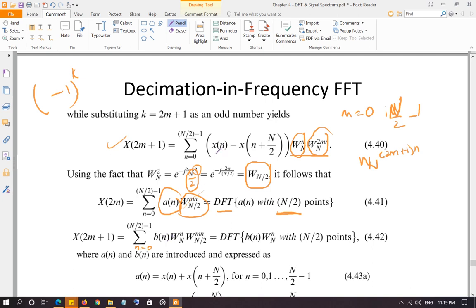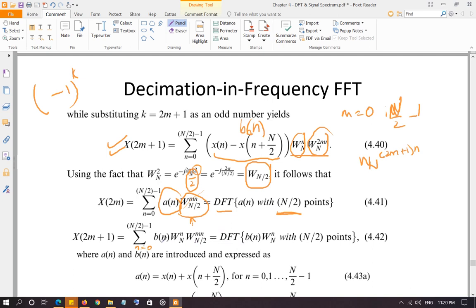And then b[n] is this right here. Multiplied by W_N^n, which is this, and then again this thing is going to be W_{N/2}^{mn}, like we discussed over here.